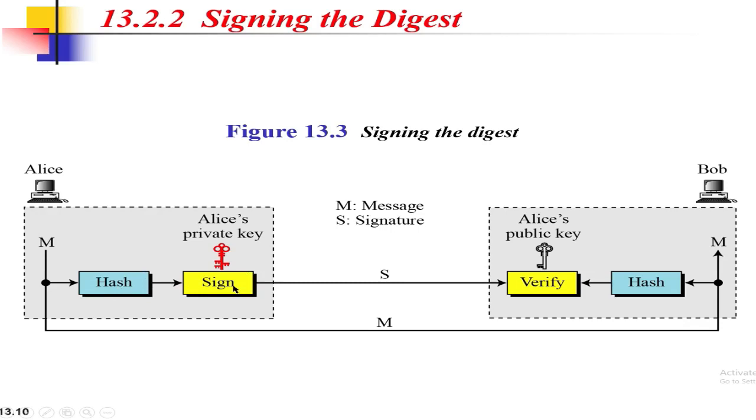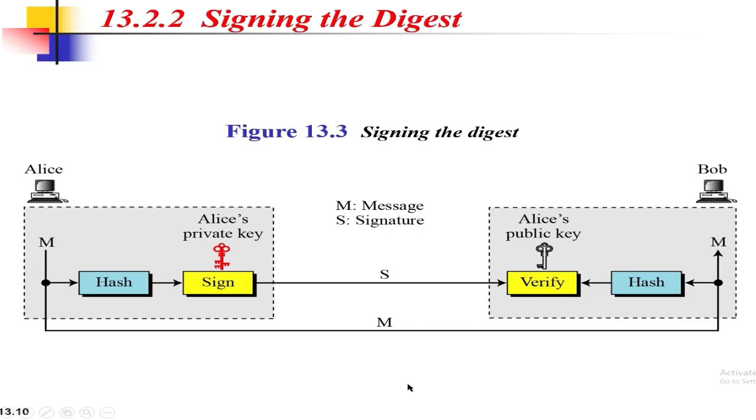That signature is sent to Bob, and the message is also sent to Bob. Once Bob receives the signature and message, Bob applies the same hash algorithm and applies the verification algorithm by using Alice's public key, and if the signature is valid, in that case only the message is accepted, otherwise it is rejected.